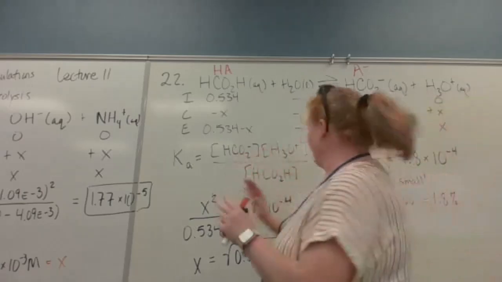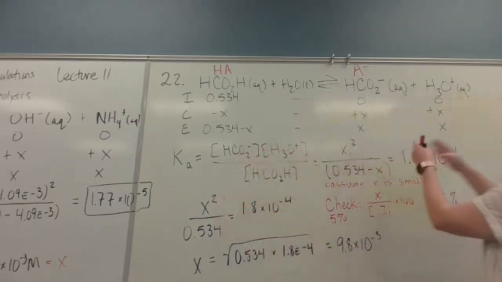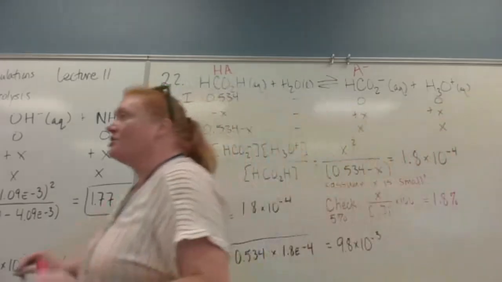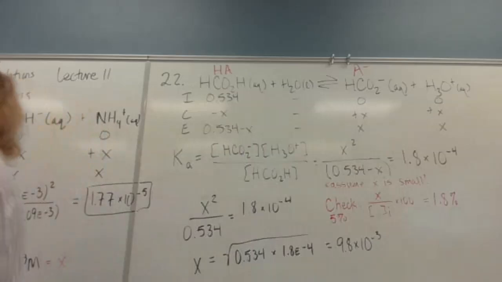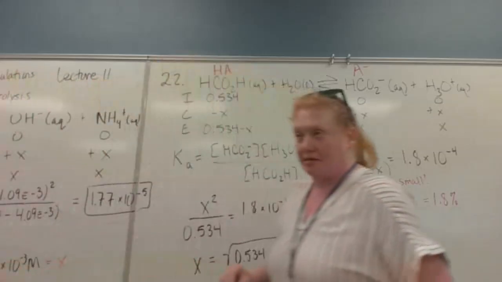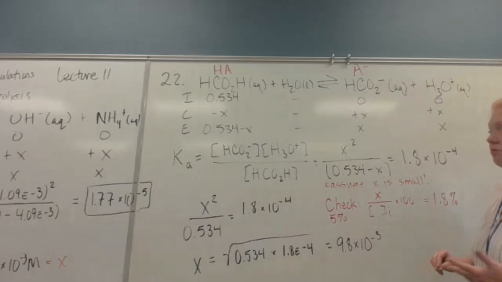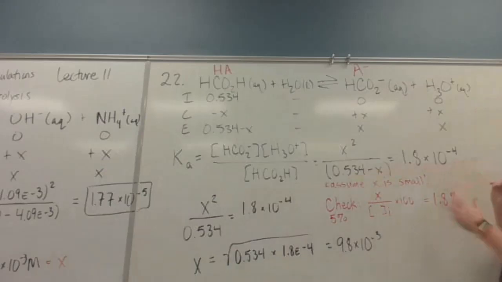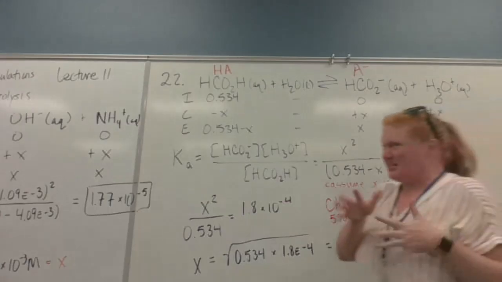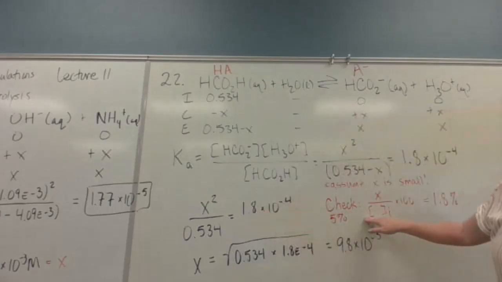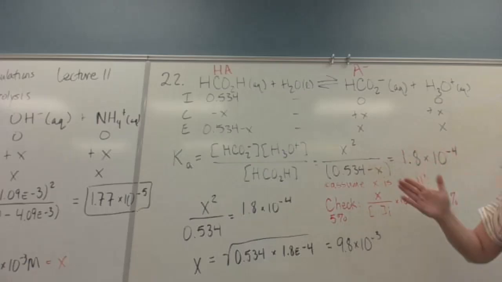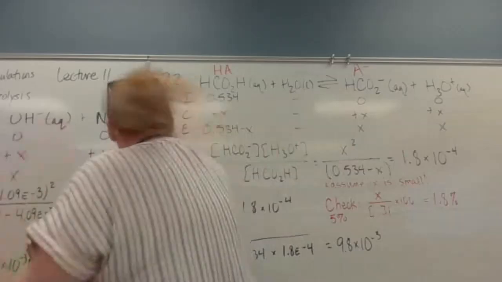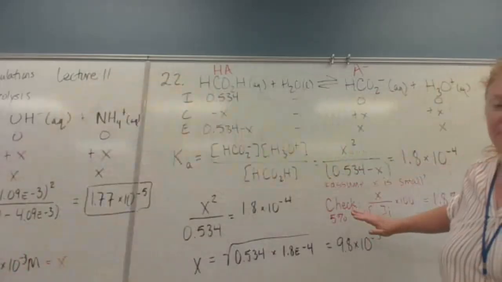If the exponents of your initial and your k value are more than 100 times different from each other, you can usually make the assumption. If this was to the negative first and this was to the negative third, we'd be kind of skirting it. We would definitely want to check. When they're that far away, it's probably a safe assumption, but we just double check to be sure.